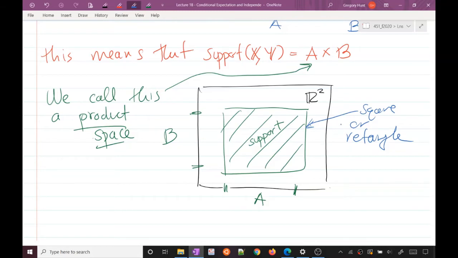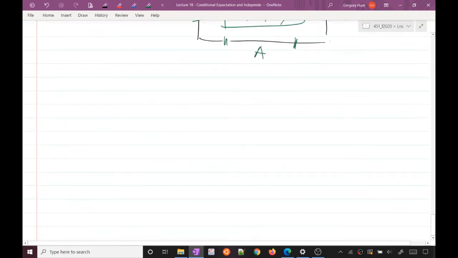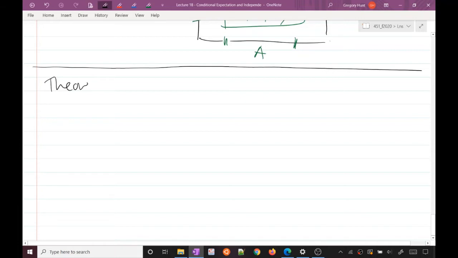Why are we talking about this? Turns out that it is important to independence. And so here's the useful theorem for checking independence of random variables.